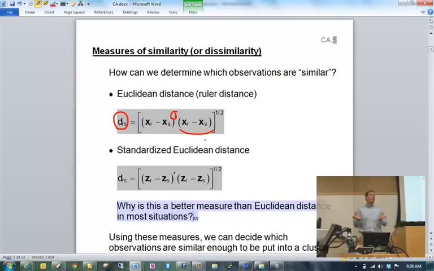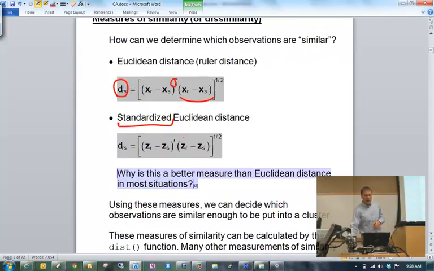We've seen this problem pop up in other places already. So instead, what will typically be done, not always, but typically, is use standardized Euclidean distance. In other words, in that d sub rs equation, just simply replace the x's with the z's.